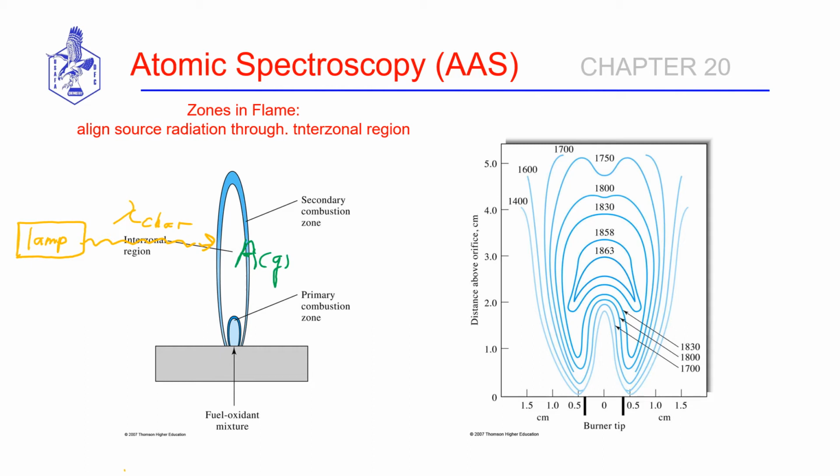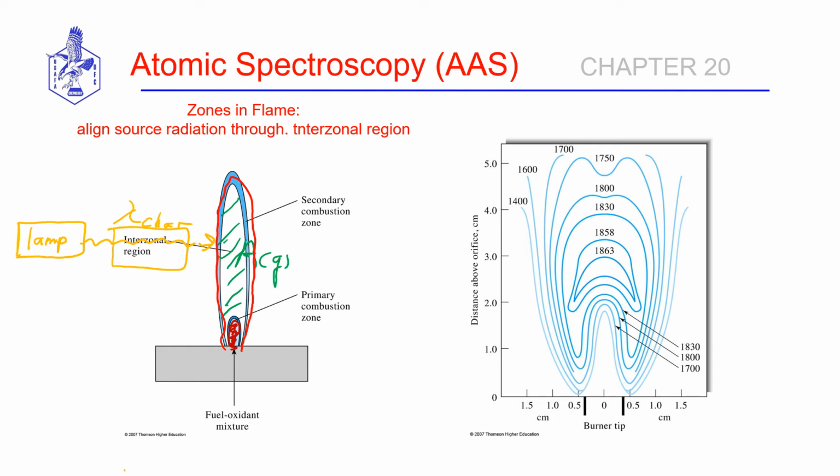It turns out that in a flame, you have different zones. You have this primary combustion zone down here, and then you have what's known as the interconal region, which is the big part of the flame here. And then there's this secondary combustion zone up here. Where we want our source radiation to be focused is in this interconal region.